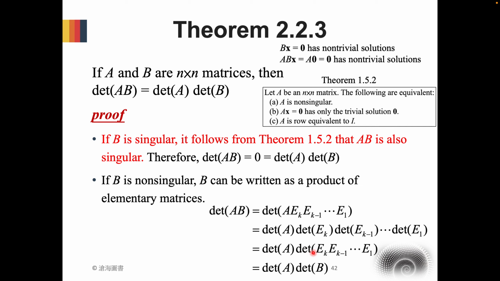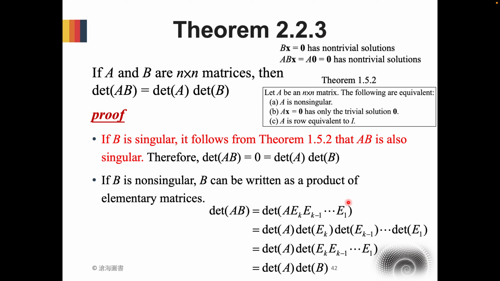This would be equal to matrix B. So the original determinant AB is equal to determinant A times determinant B. Based on this, we prove theorem 2.2.3.